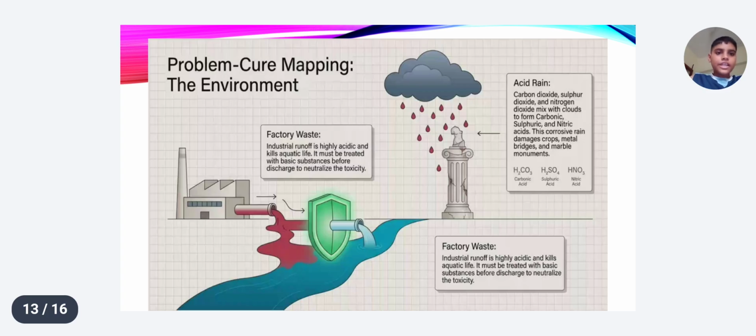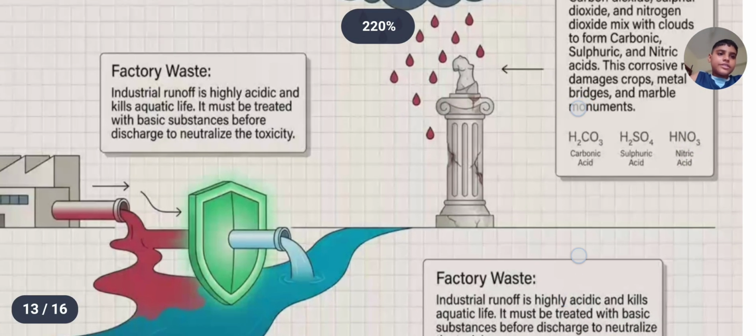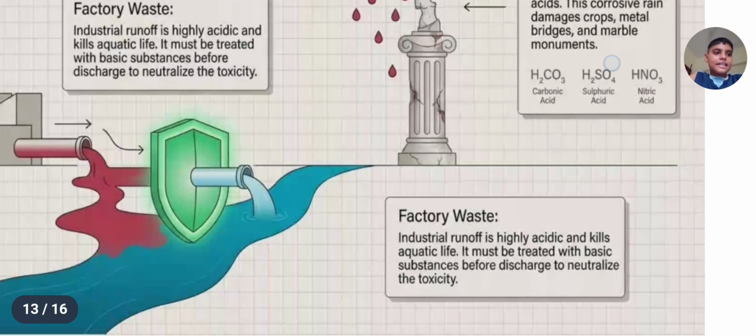Okay. Waste fact: industrial runoff is highly acidic and kills aquatic life. It must be treated with the base substances before discarding into neutralize the toxicity. Okay. Now here also factory waste. You can read this one. 10 seconds are given. Thank you.